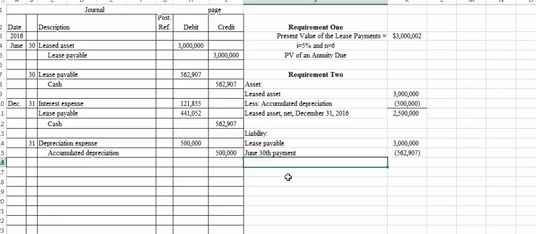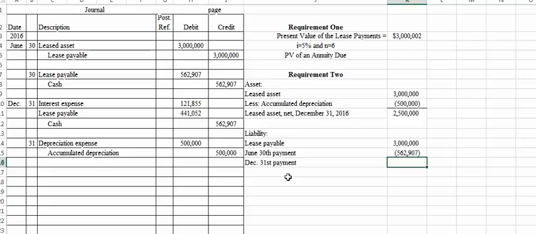And then you got the December 31st payment. Here we can only deduct the debit to lease payable because a portion of that payment was interest, 6 months interest on that payment.